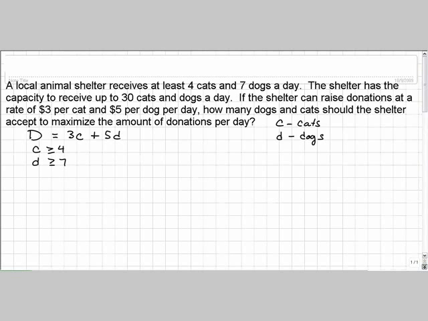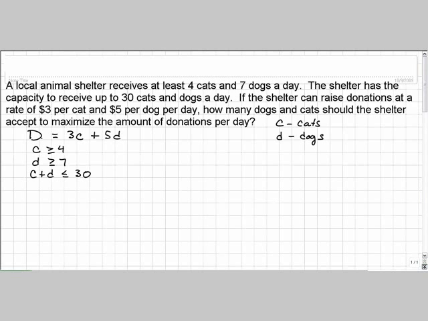We also know that the shelter has the capacity to receive up to 30 cats and dogs. That's the total that they can accept. So we have another constraint that C plus D must be less than or equal to 30 because they cannot accept more than 30 total.